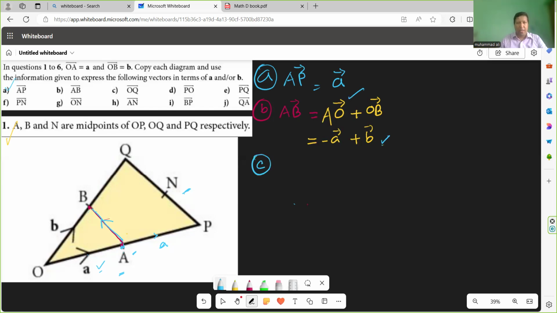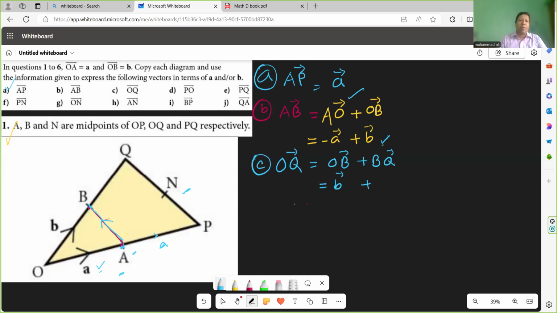Now C number, OQ. OQ equals OB vector plus BQ vector. OB is B and BQ is also B. Why? Because B is the midpoint of OQ.